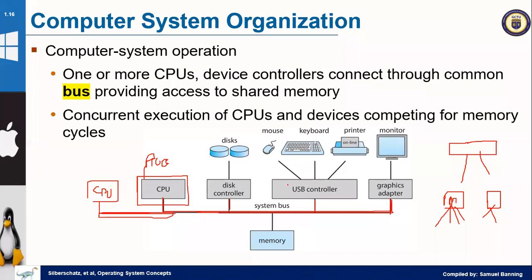So if you insert a pen drive, it is not being attached to the CPU. The CPU is one unit in the computer system. So if you put in a pen drive, it comes into either the USB controller or the disk controller. Immediately you connect a hardware device, if you press a key, the USB controller will inform the CPU with the help of the communication bus that an interrupt has occurred.